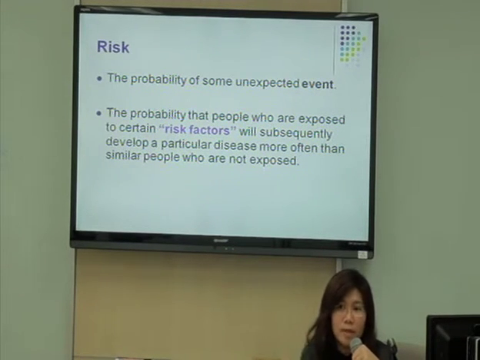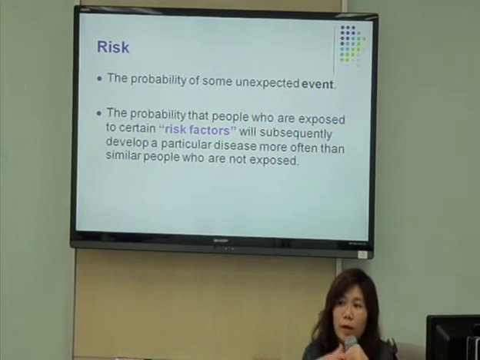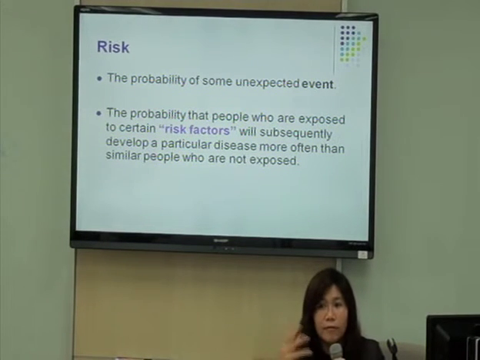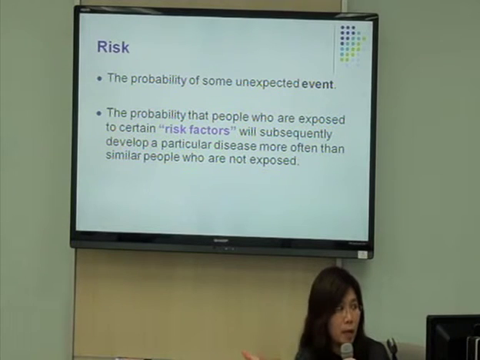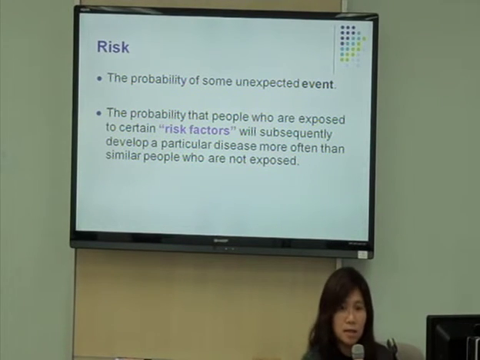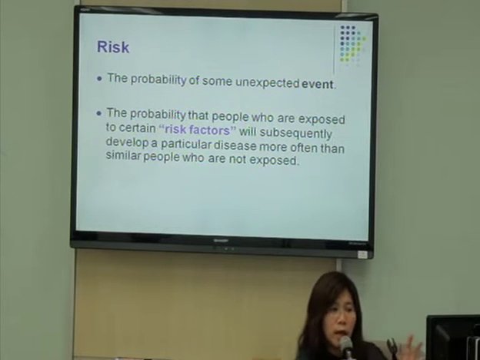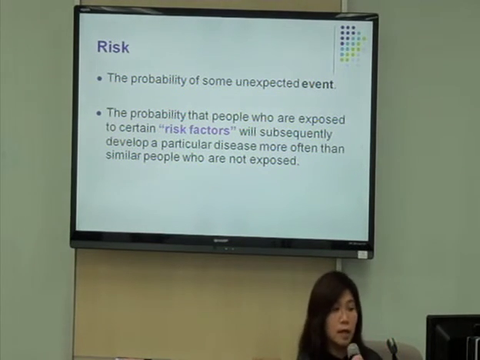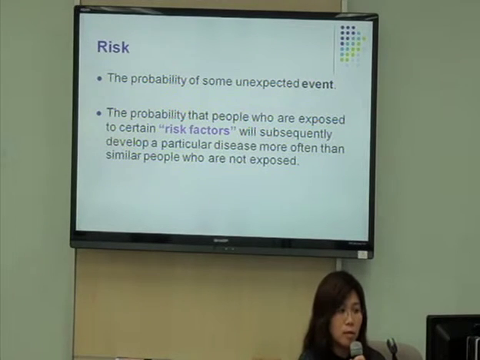So if we have some characteristics that might be a risk, how much probability is there to develop the disease after we follow up for some time? And to measure the risk, we measure it as incidence, right? Because we have subjects who are observed, and the new cases that develop after that will be the incidence of that characteristic or factor.